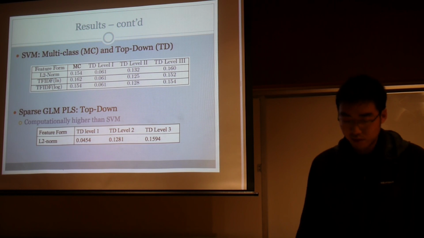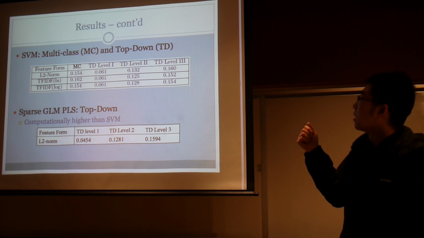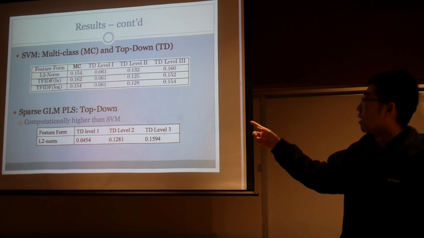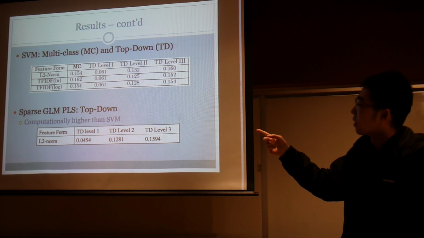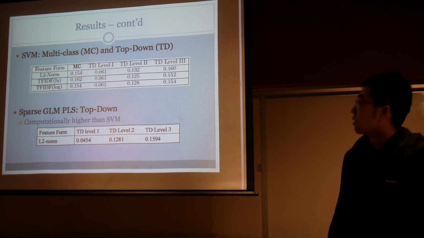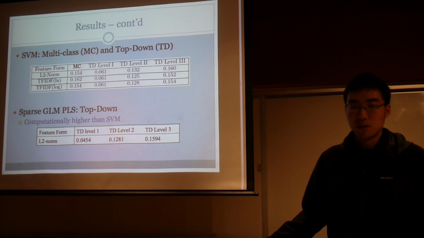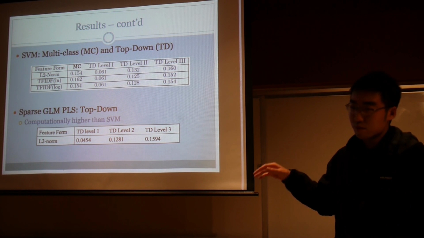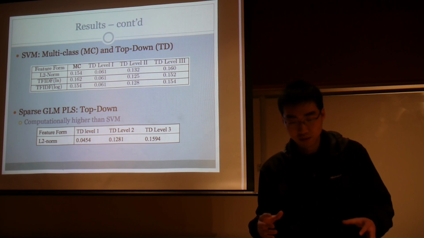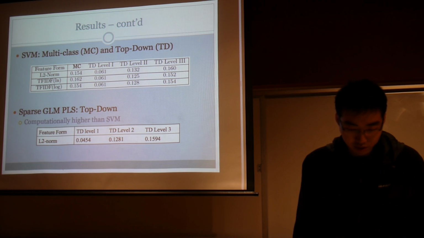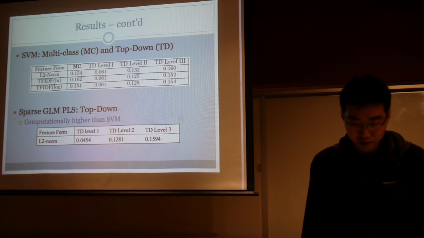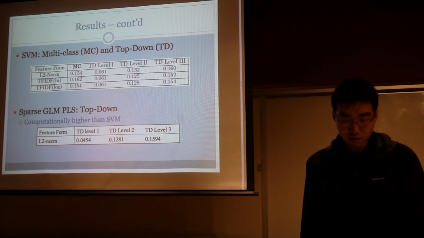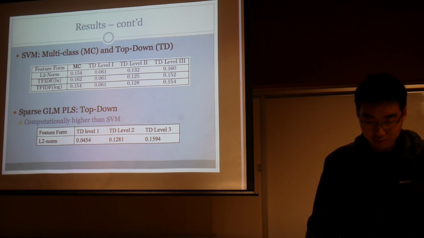We also did a little on the SVM-based method, and some tests on the sparse generalized PLS model. We haven't systematically grouped our results, but based on the preliminary study, our results are acceptable, especially for a future study.